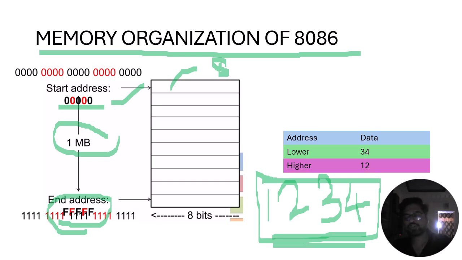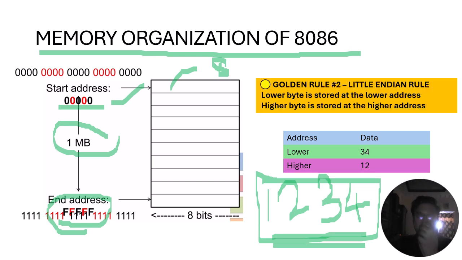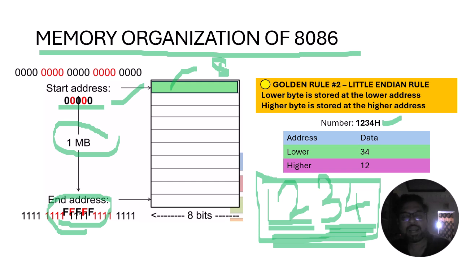In order to store it, we have a golden rule, which is the little endian rule. According to the little endian rule, the lower byte is stored in the lower address and the higher byte is stored in the higher address. If we want to store 1, 2, 3, 4 in memory, the lower byte is 34.